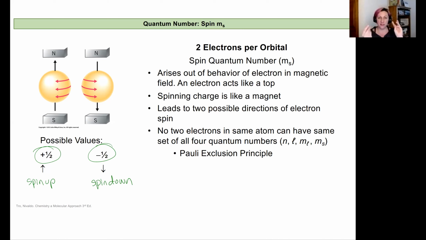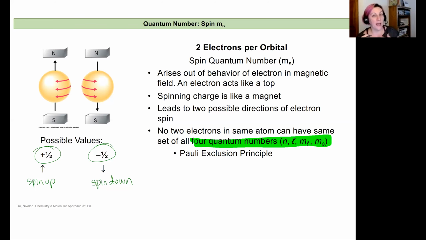And so they'll have opposite spins. We can't have 2 electrons with the same spin in the same space. And so this is going to bring us to 4 quantum numbers that'll describe where or how an electron is structured within an atom, like where its position is in that structure. And every electron within it will have a unique set of 4 quantum numbers.